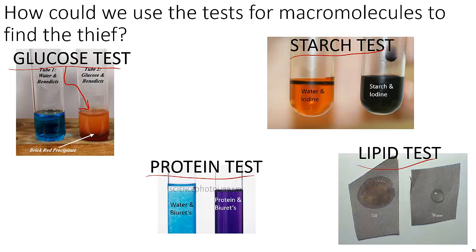In the starch test, we found out if there was starch because it turned dark purple. In the protein test, it turned purple if it has proteins. And in the lipid test, the fat, the lipids, would leave a stain on the paper that you could see light through. So we used that to do this testing.